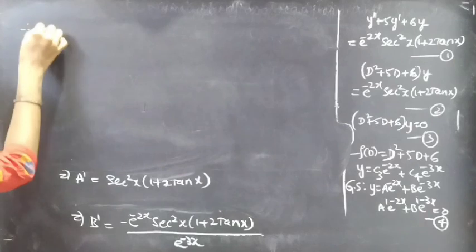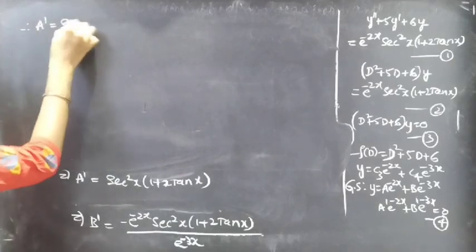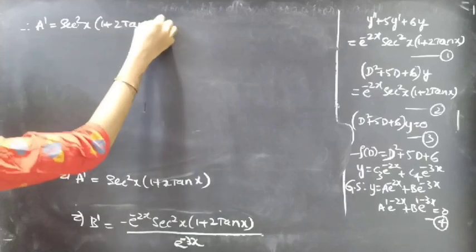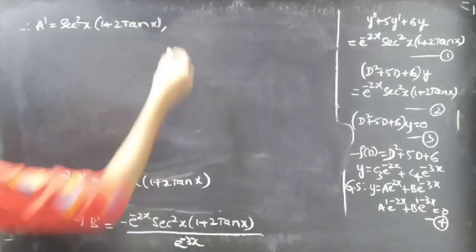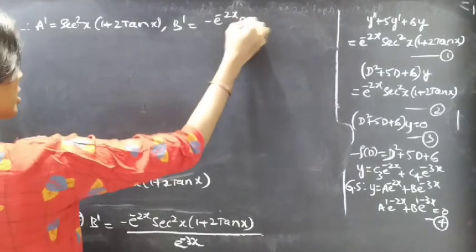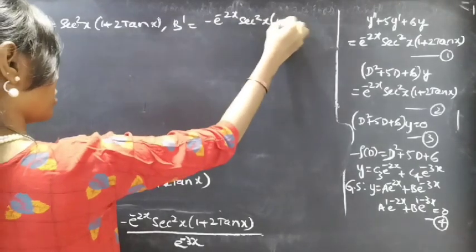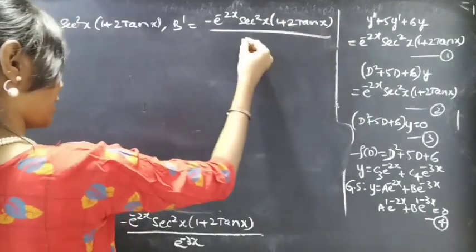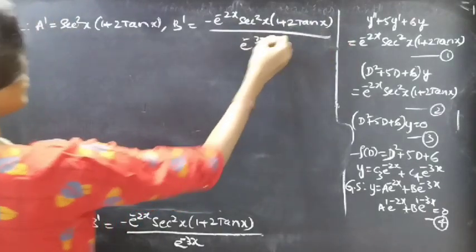Therefore a dash equals to secant square x of 1 plus 2 tan x and b dash equal to minus e power minus 2x secant square x of 1 plus 2 tan x by e power minus 3x.